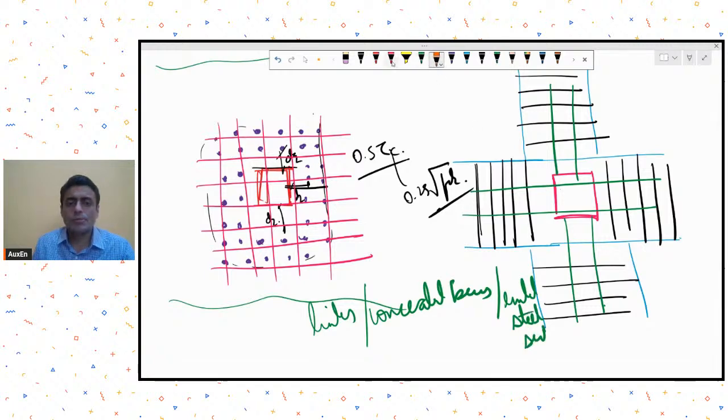If you don't want to provide a horizontal steel section like this, people also embed it vertically like this, along the depth of your flat slab. All kinds of options are possible if your punching ratio is exceeding 1 but less than 1.5 and you want to provide punching reinforcement. Okay, is it clear?